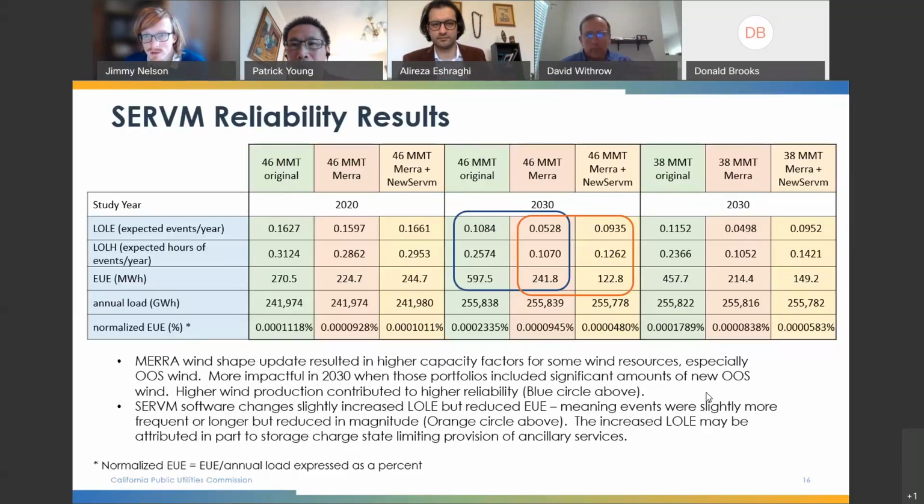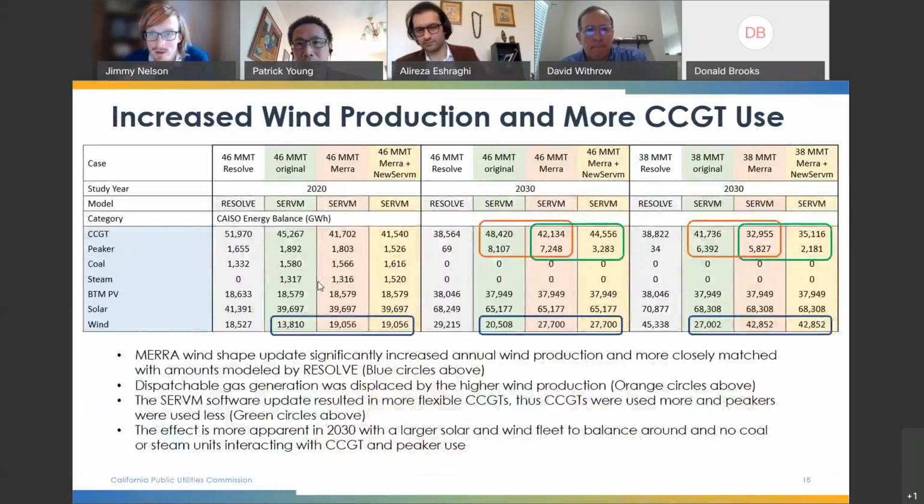One thing to note also is that in the next section, we will at least say, because we did some analysis in the background, that the resolve capacity factors for wind look similar to historical CAISO capacity factors. And so if you think CAISO is aligned to resolve and resolve is aligned to SERVM, then it seems like we mostly have the challenge fixed.